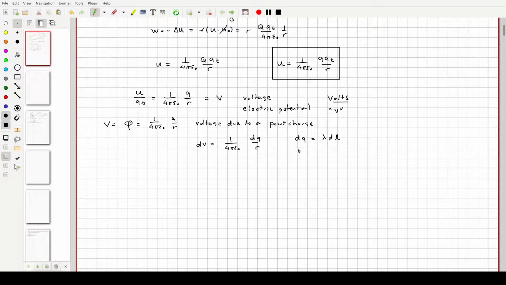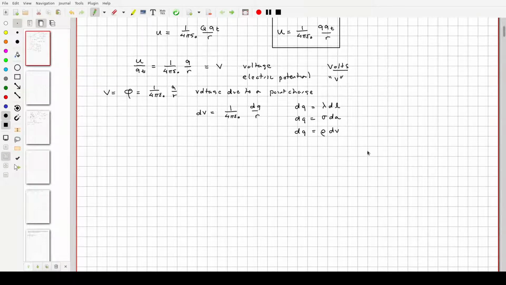If you're dealing with an area charge, dq would be equal to sigma times dA. And if you're dealing with a volumetric charge, or a charge volume, if you will, it would be rho times, I hate to use V, dV. I'll put little bars over it like that so it's clear it's a volume.